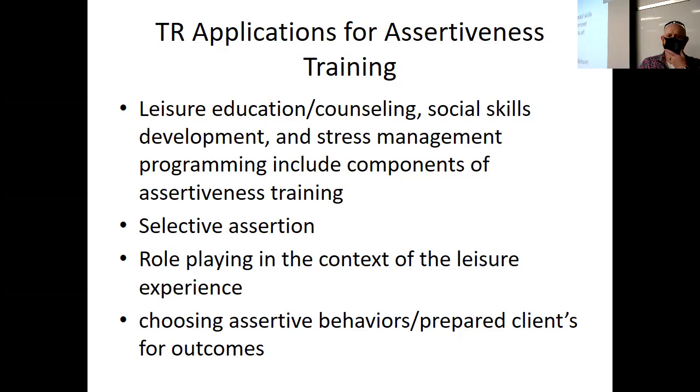Selective assertion. There are sometimes where we need to be assertive and sometimes where you just need to go with the flow. During leisure education talks, you can talk about the times that you just need to go with the flow and not rock the boat, as they say.